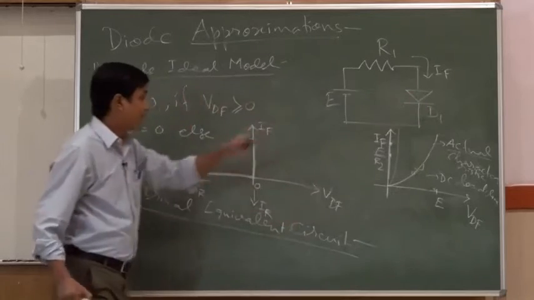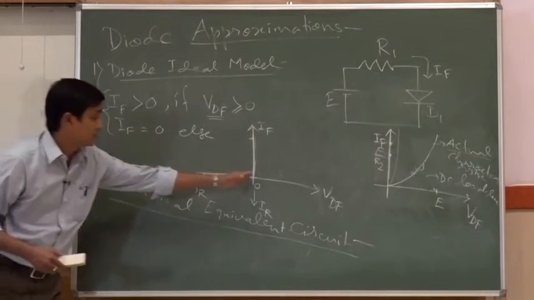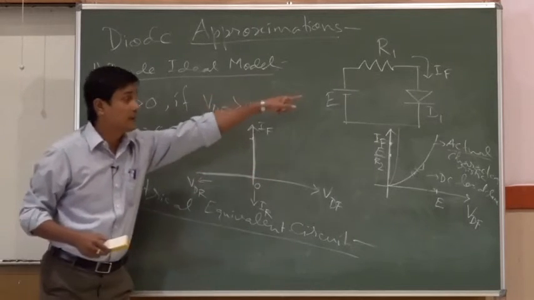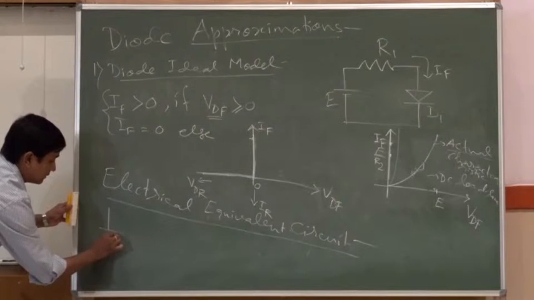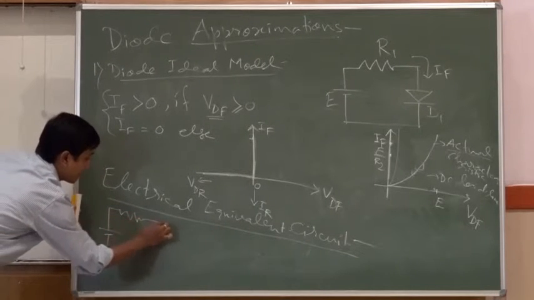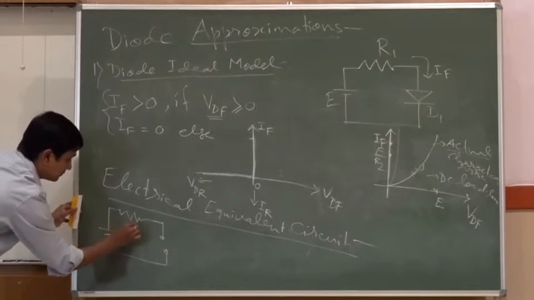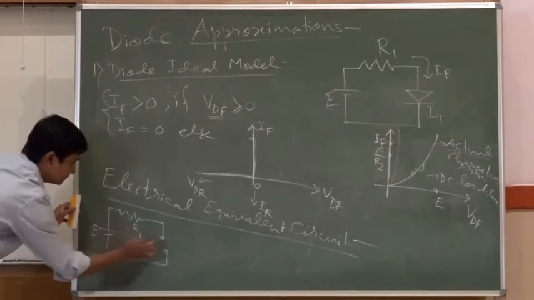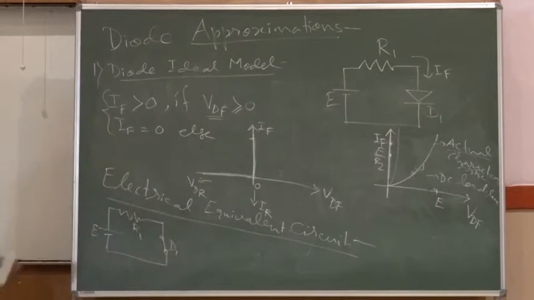So, if I find that VDF has gone beyond 0 or it is beyond this, then this complicated circuitry I will be simply representing as a short.